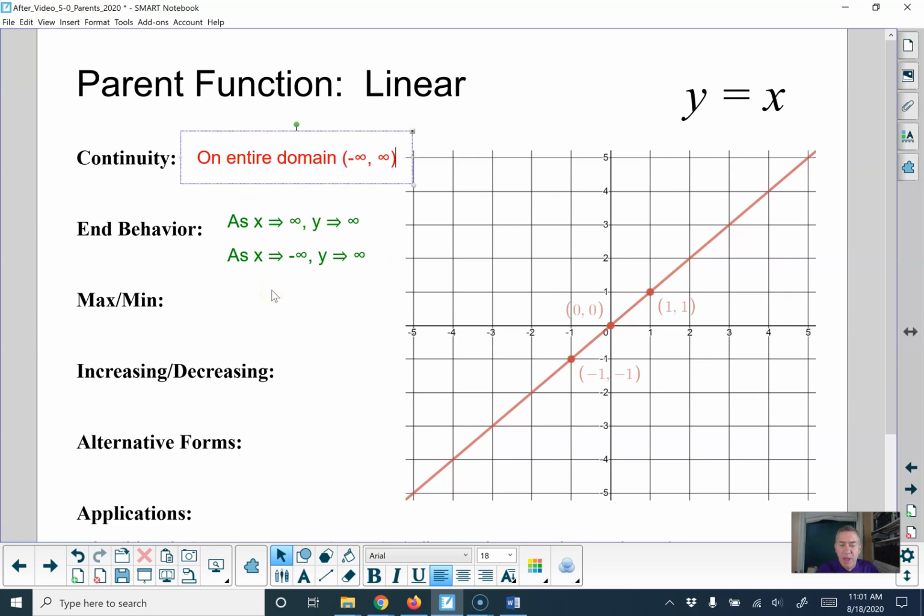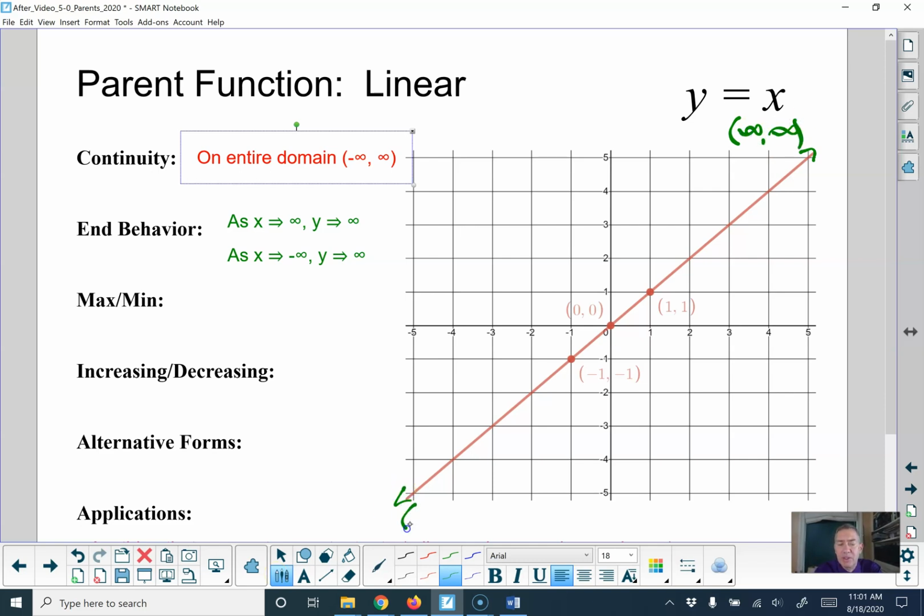End behavior. As we're looking at the end behavior here, we're looking at what's happening as x goes out this end. As x goes to infinity, y also goes to infinity. Out this end, as x goes to -infinity, y also goes to -infinity. So there's your end behavior. There are no maximum and minimum points.